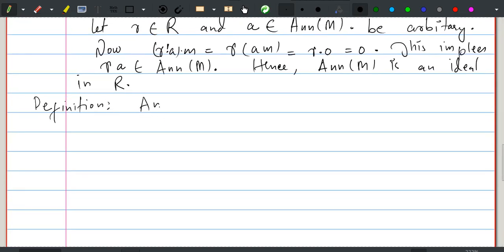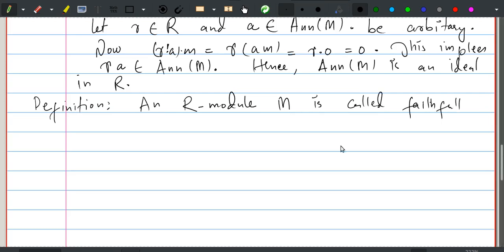An R module M is called faithful if its annihilator is trivial.